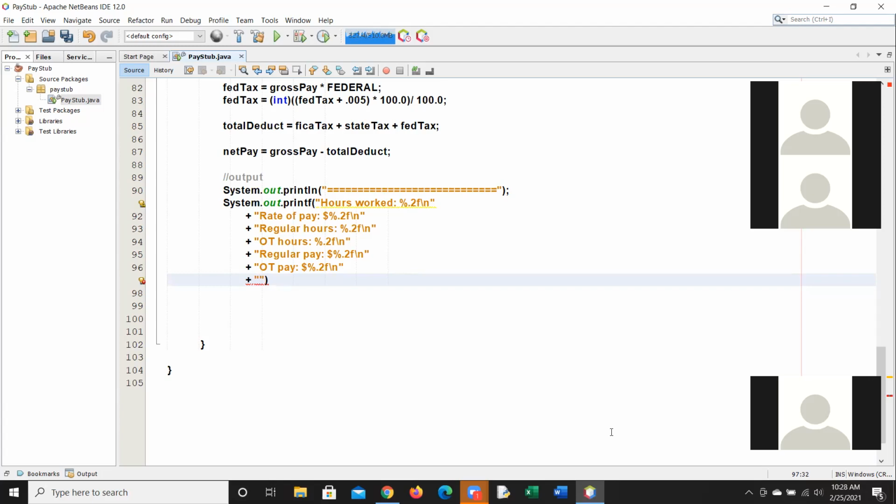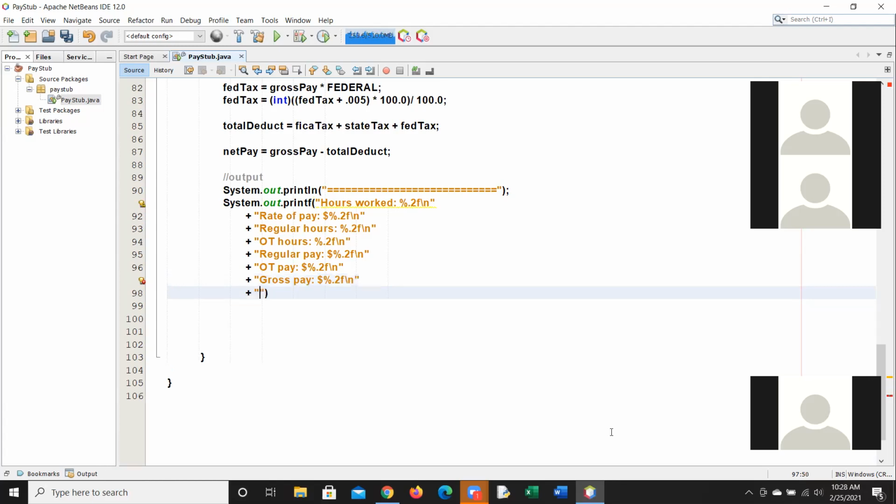So then this will be gross pay. And it'll be a $ sign, % sign, 0.2f \n, and enter there. And I think I'll put in a little divider here.